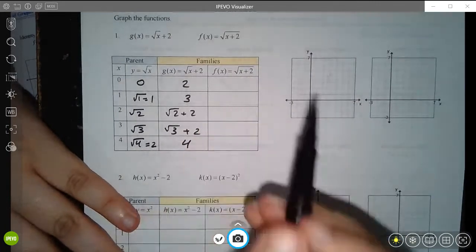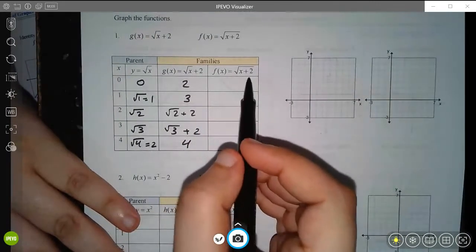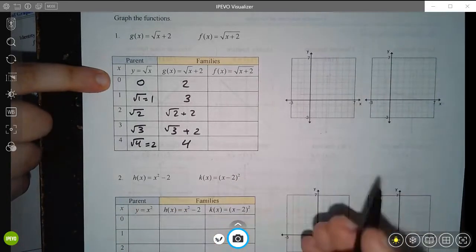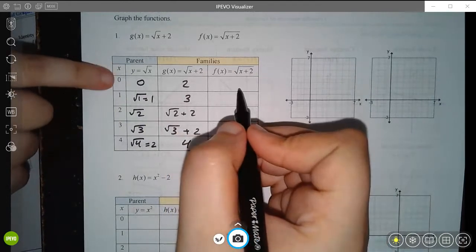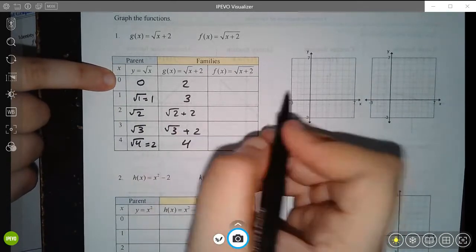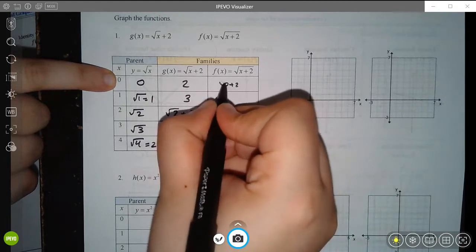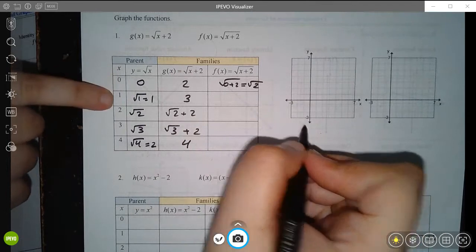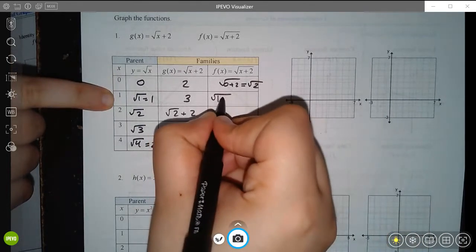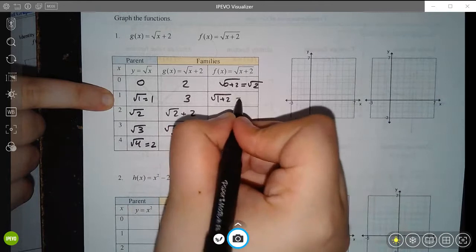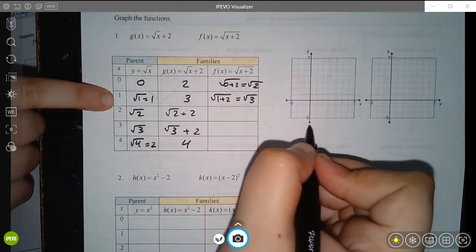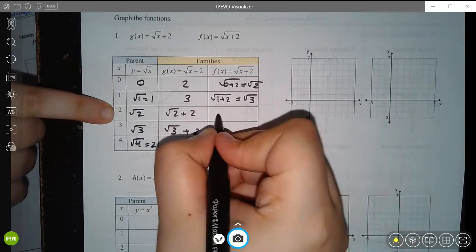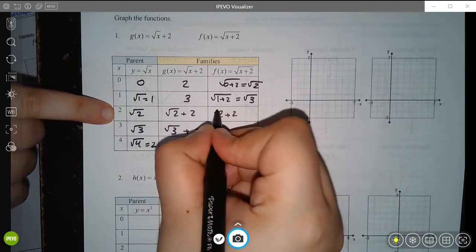Okay, what about that one? Well, here the addition happened inside the function. That means we're adding the number to the x value, these values. Yes? So that's what we're going to plug in. So x is 0. 0 plus 2 under the root, which means this is the root of 2. Yeah? X is 1. That means you're going to add 1 and 2, which gives you 3. So this is root of 3. Over here, we have 2 for x. 2 plus 2 is 4.